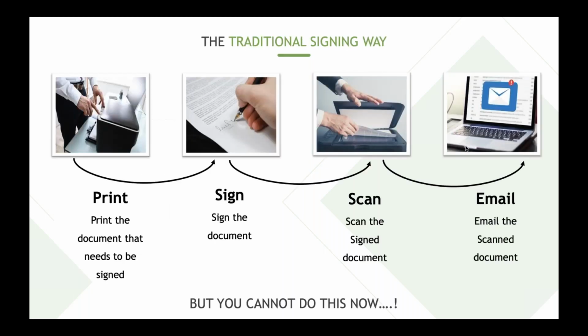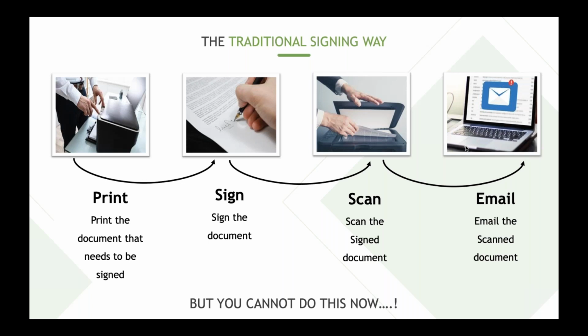So talking about the traditional signing way, how were we signing documents before the lockdown period or before the COVID situation? What we used to do is print the document, sign the document, scan the signed document, and then email it to the person to whom we want to send the document.